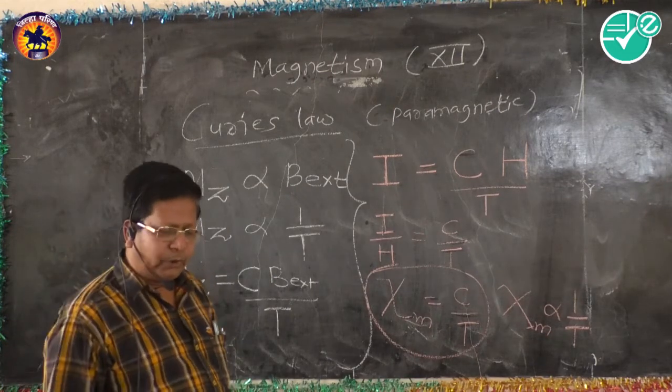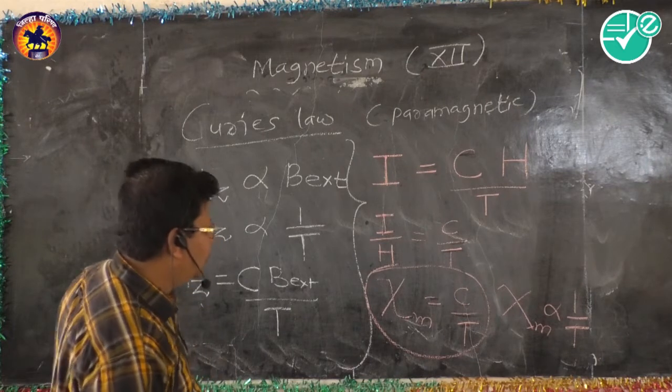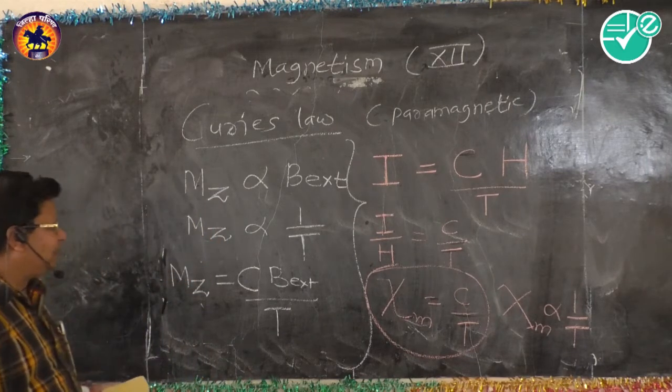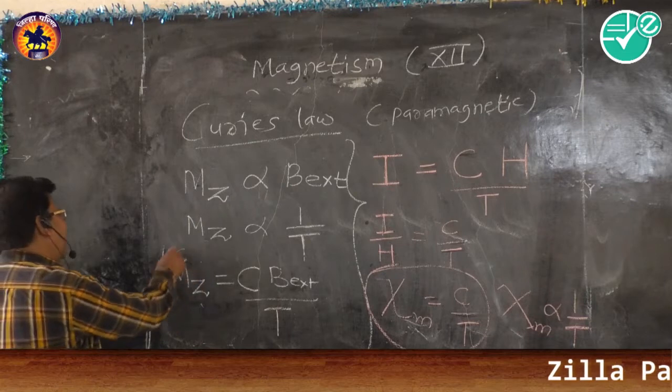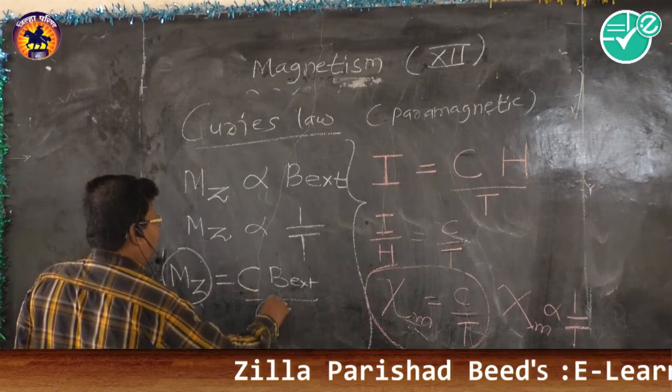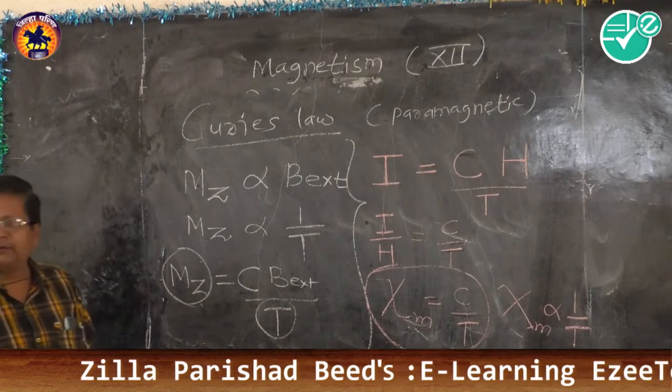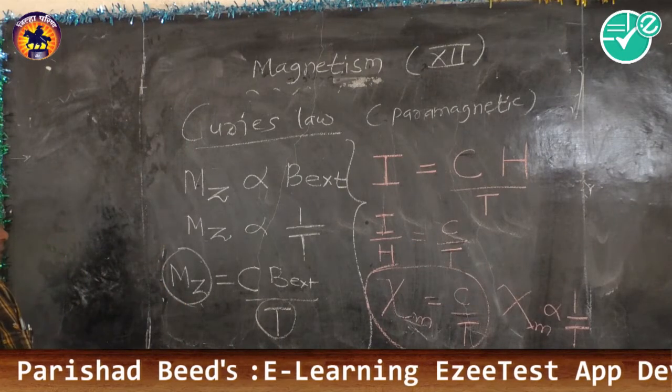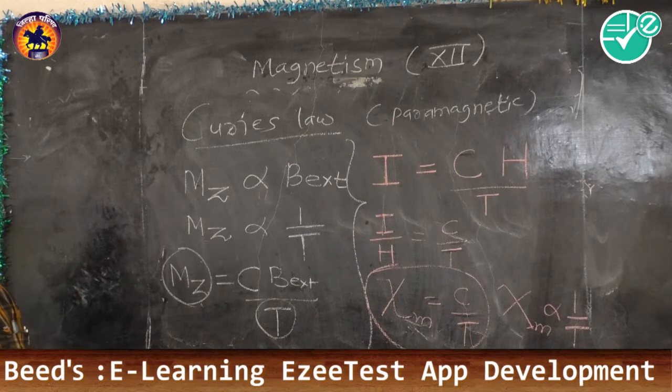So from Curie's law we conclude that the magnetic susceptibility as well as the intensity of magnetization are both inversely proportional to the absolute temperature.